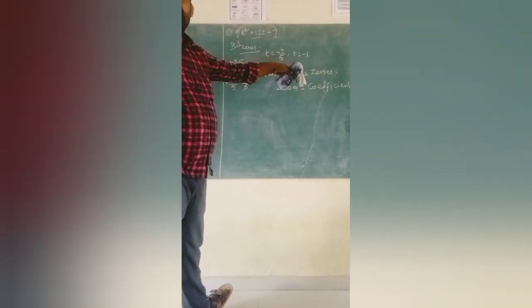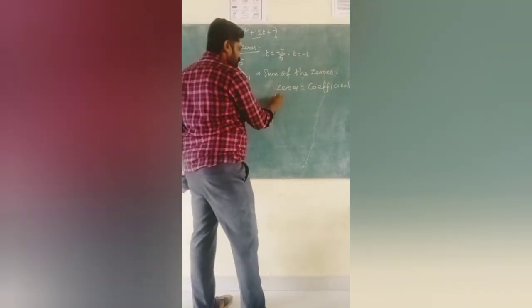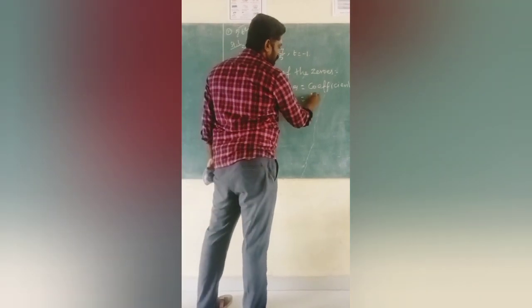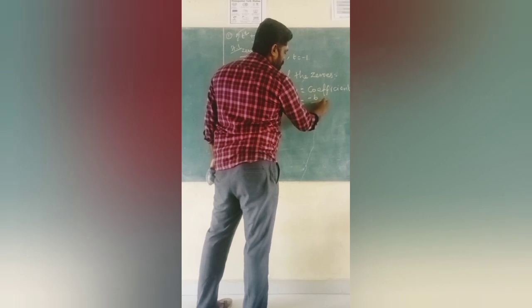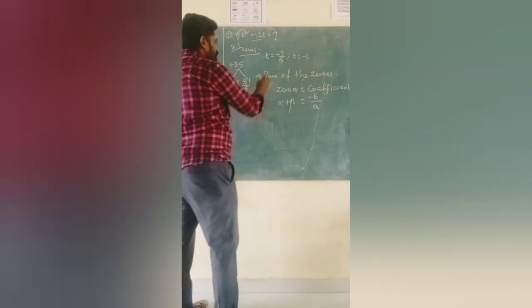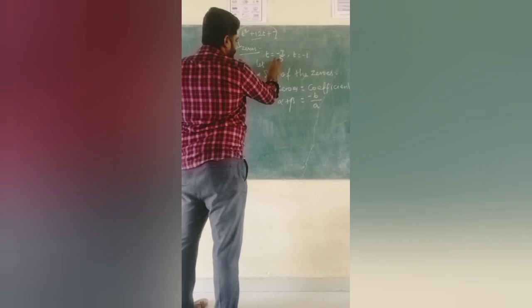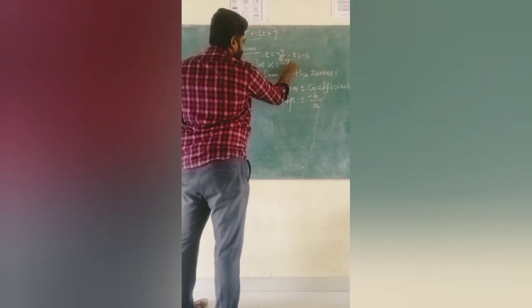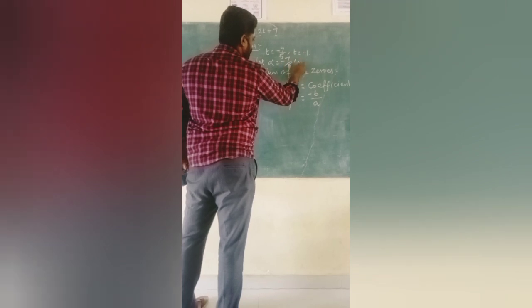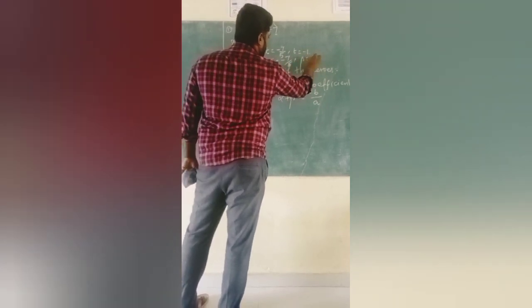Sum of the zeros is alpha plus beta, and it is equal to minus b by a. Alpha is equal to minus 7 by 5, and beta value is minus 1.